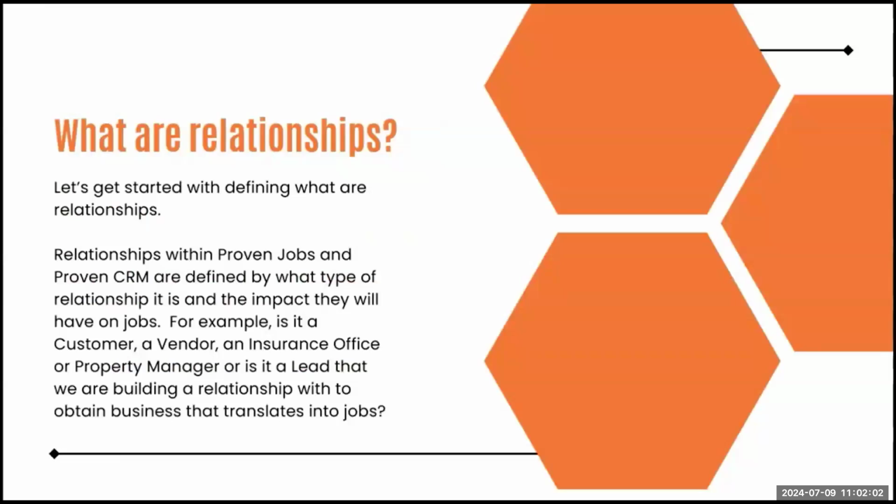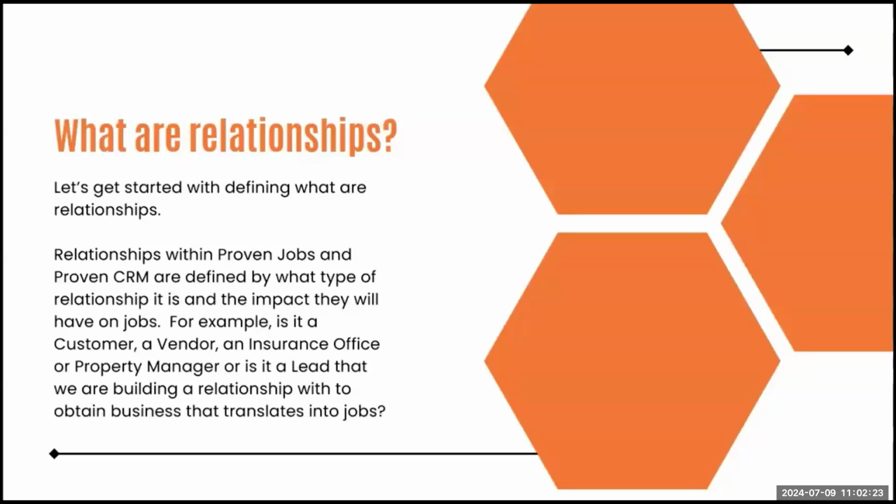Let's get started with defining what relationships are. Relationships within Proven Jobs and Proven CRM are defined by what type of relationship it is and the role they will have on jobs. For example, is it a customer, a vendor, an insurance office or property manager?